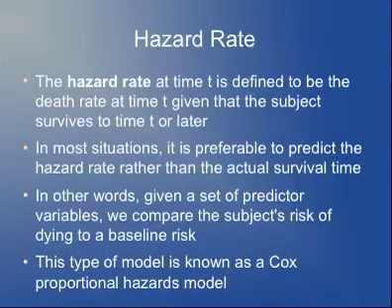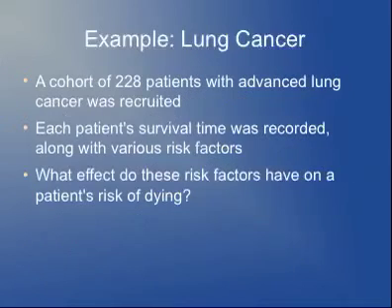It turns out, for various reasons, it's usually much easier to predict the hazard rate than the actual survival time. So, given a set of predictor variables, we try to say how much more likely is a person with this set of predictor variables to die at any given point in time compared to some baseline. And this is known as a Cox proportional hazards model.